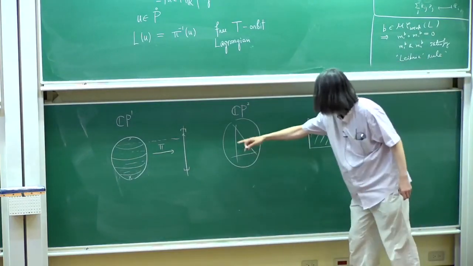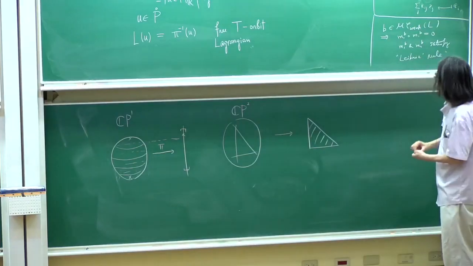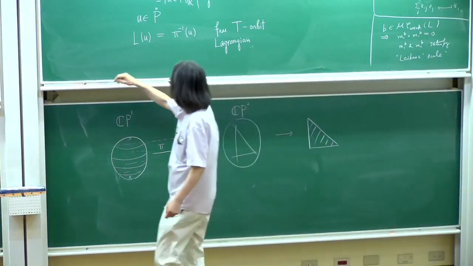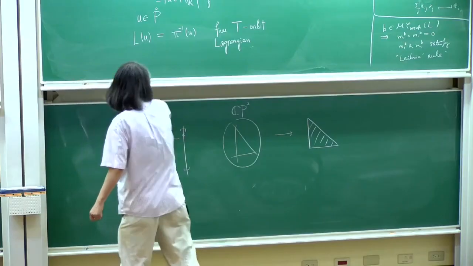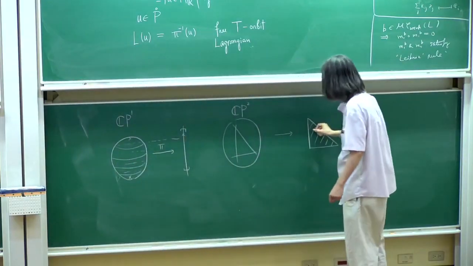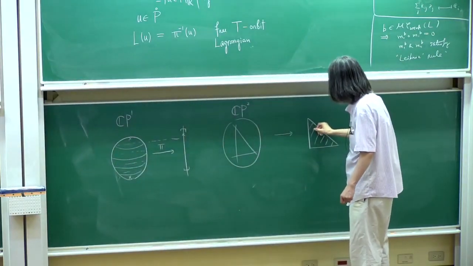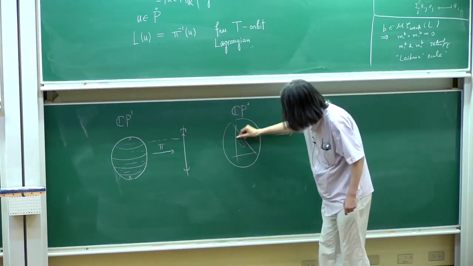If you pick a point from the interior, somewhere here, then you have a torus here.